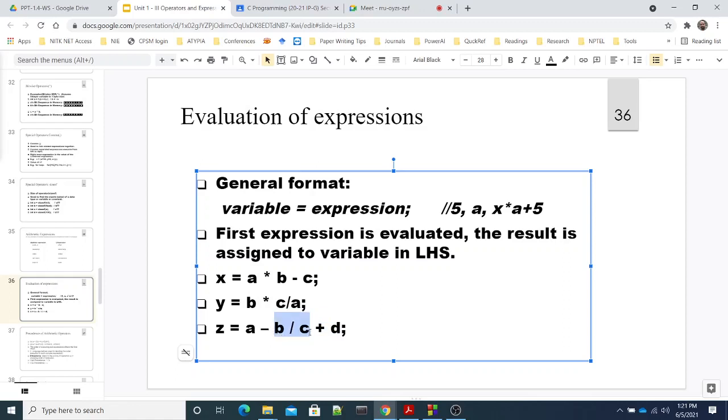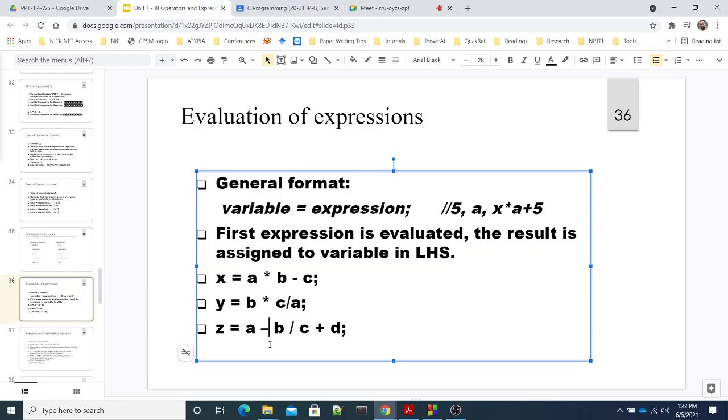So after division, addition is going to take place first, followed by subtraction of A minus the result of this operation. But in C, after division, subtraction is going to take place first. So it's all confusing, right? It's not very similar to mathematics.